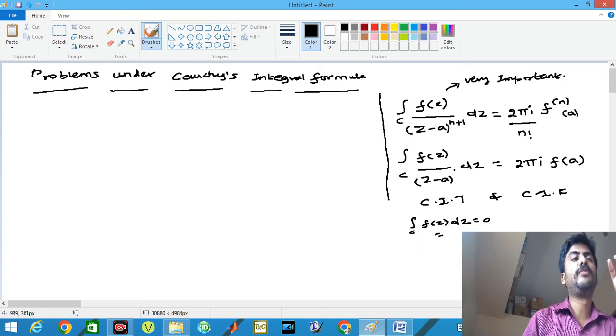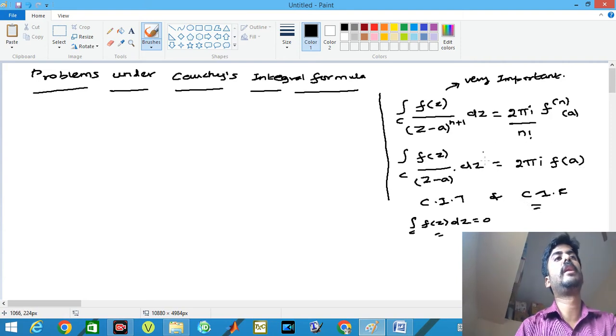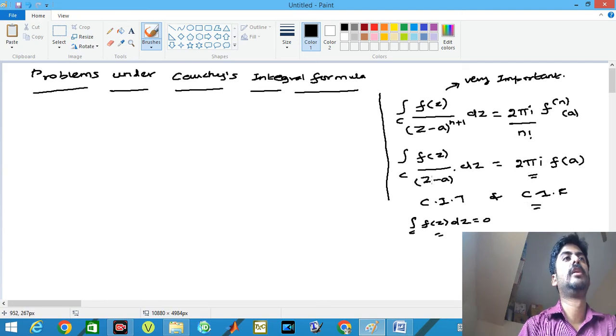If the point is inside, the function will be analytic except at a point. So we have to compare it with the given circle. After comparison we can tell whether the integral equals 0. If only a lies inside, we get the value 2 pi i into f of a, that is the integral over C of f of z by (z minus a) dz equal to 2 pi i into f of a.